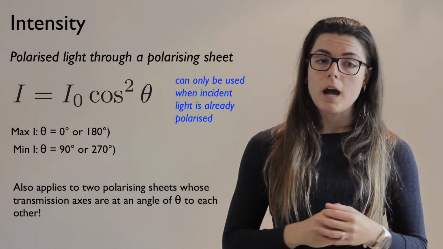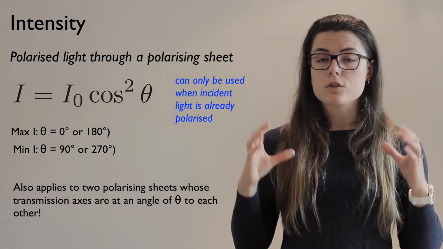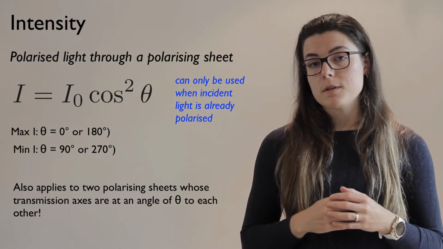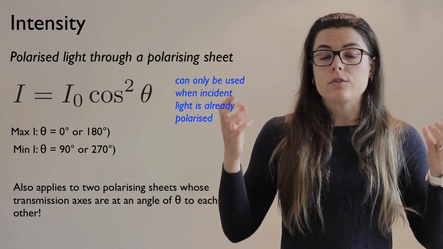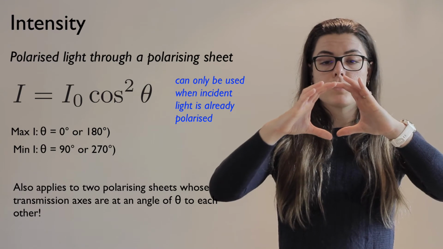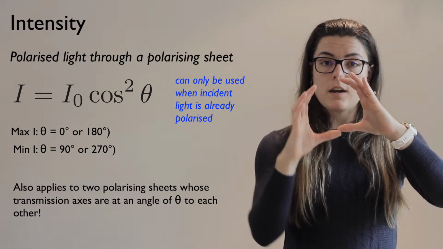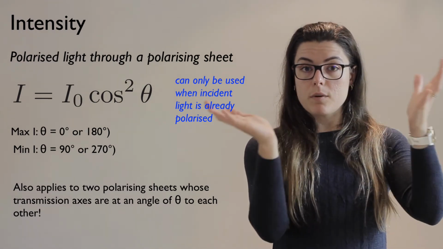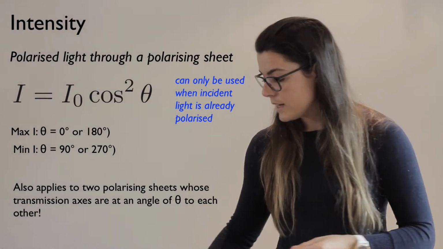It also applies to two polarizing sheets whose transmission axes are at an angle theta to each other. So if we have two sheets at an angle of 10 degrees from each other, we can just apply 10 degrees.